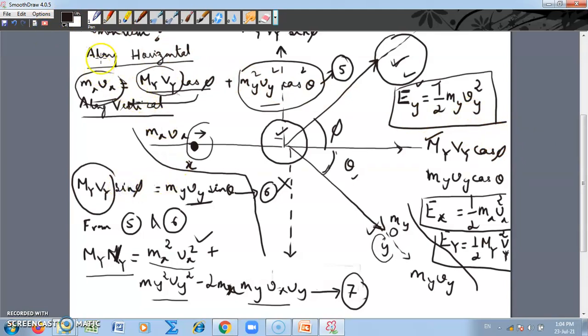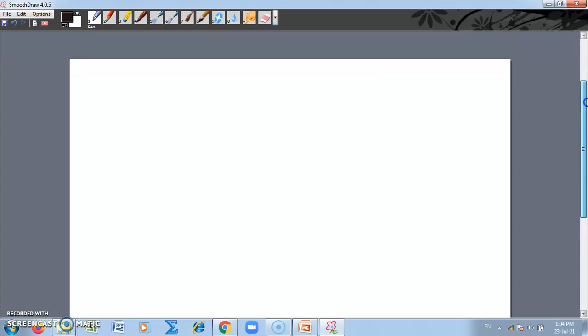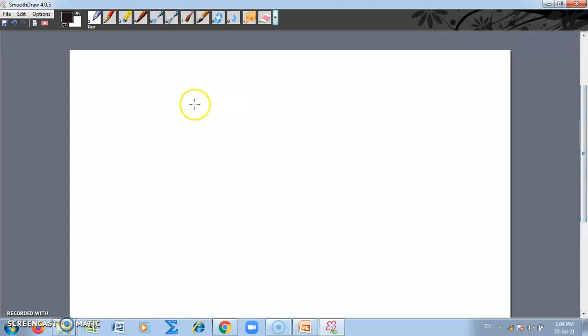So let me clean my board. Just look at a general term: E is equal to half m v squared, which gives twice E is equal to m v squared.